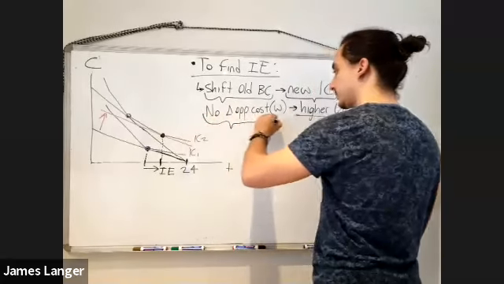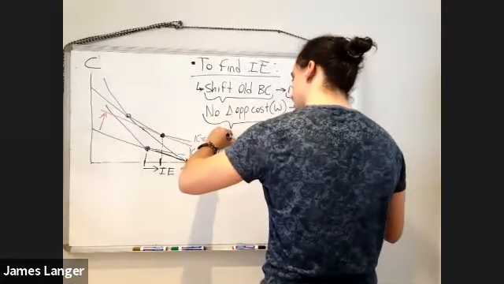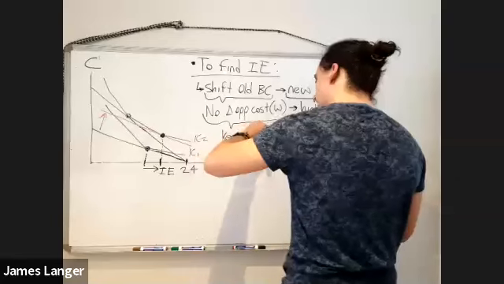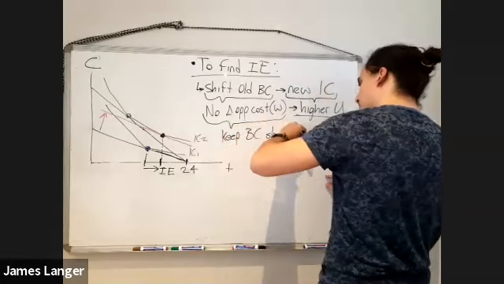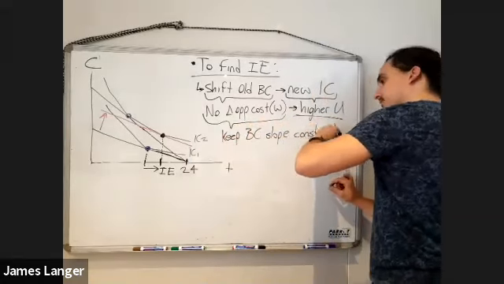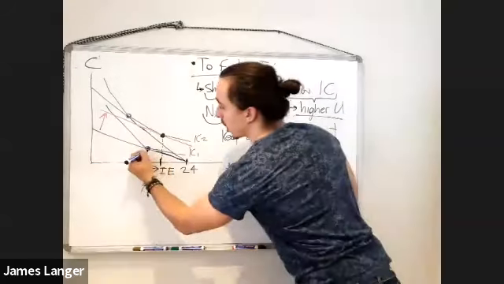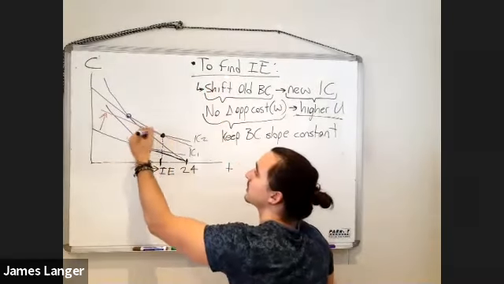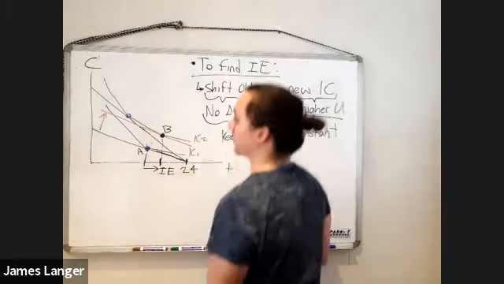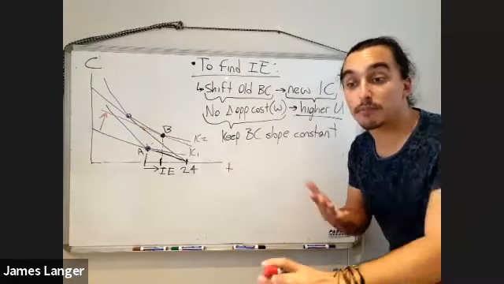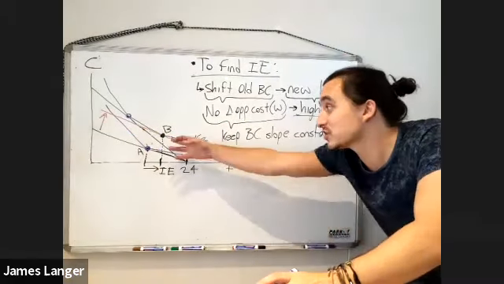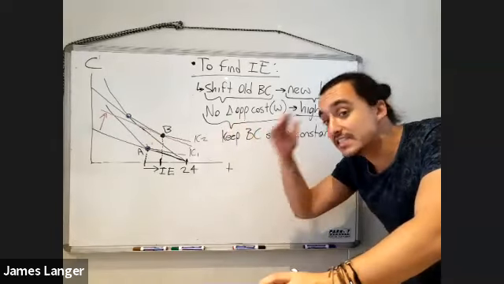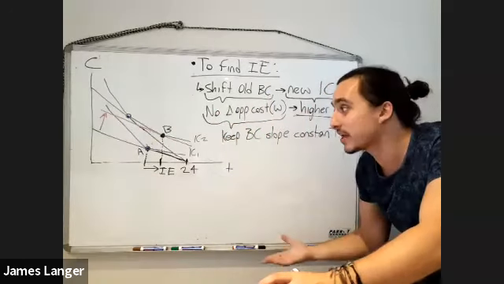We keep the budget constraint slope constant. Then we were able to go from this point, which I'll call point A, to this point, which I call point B. But we have a problem, right? And that is, this is not reality. B is a dreamland, okay? If you get what I mean.